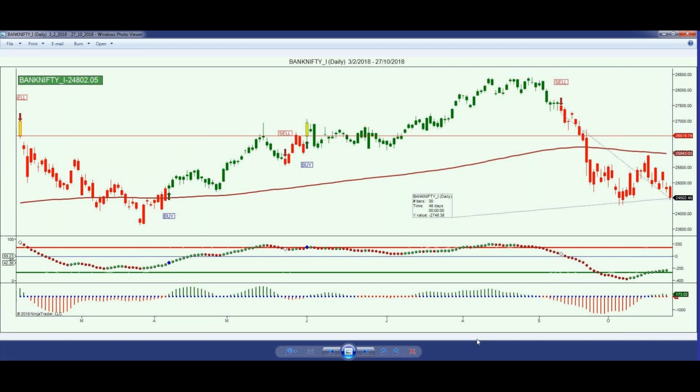So I have roughly made around 63, 64 points. Let's say 63 points. So 63 points into Adani Ports, the lot size is 2,500. So that gives a profit of 1,57,000 rupees on 52 trading days.